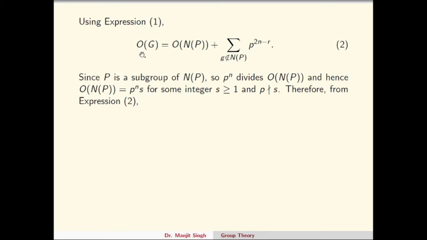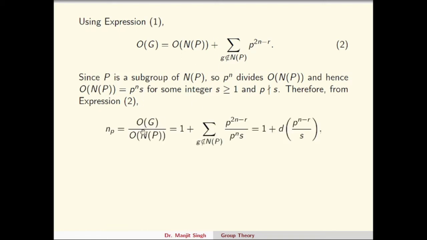So student, in this expression we have the order of G is the order of N_P plus the summation of this, and we observe that the order of N_P is P^n S. So if you divide this expression throughout by the order of N_P, then we have the order of G upon the order of N_P. The number of Sylow P-subgroups is the index of N_P in G, and it is equal to the order of G upon the order of N_P.